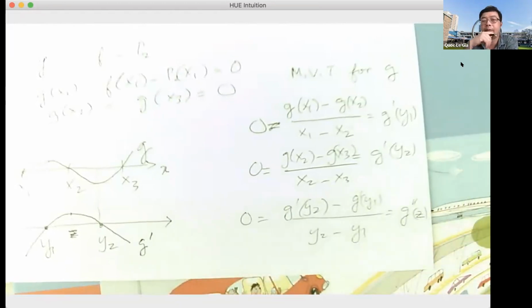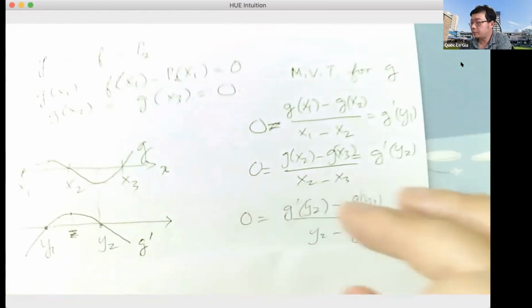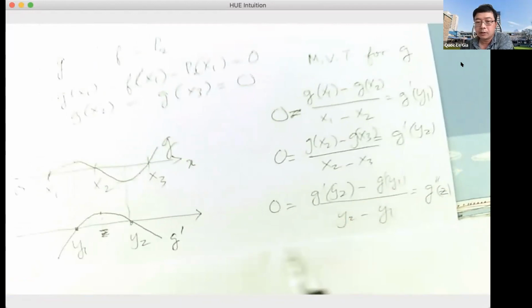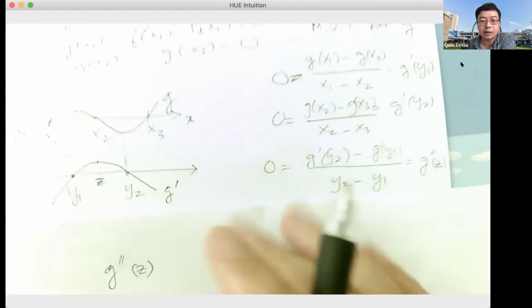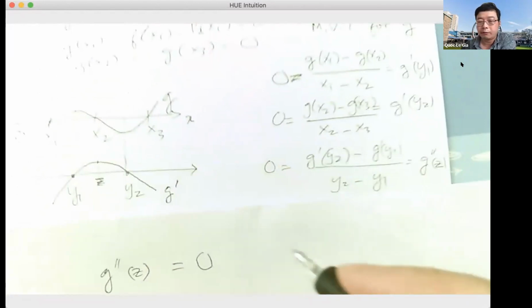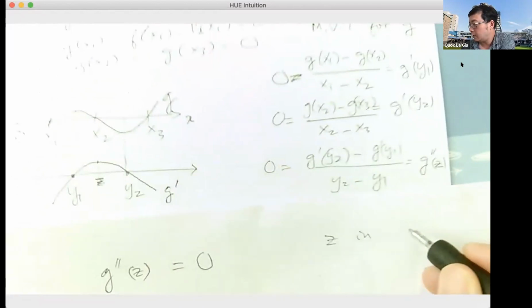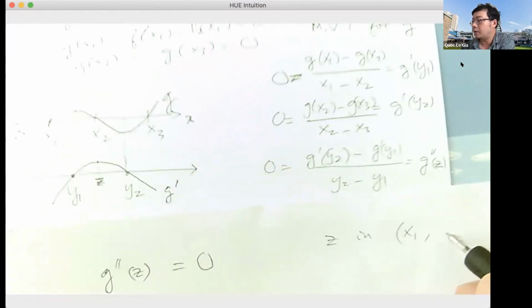Agree, right? This is just the mean value theorem again for g prime. So what is the next step? My claim is that g double prime of z equals 0 for some z in the biggest interval, x1 to x3, right?